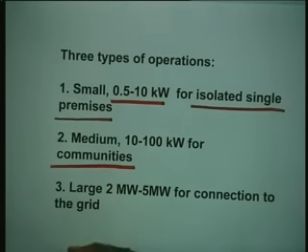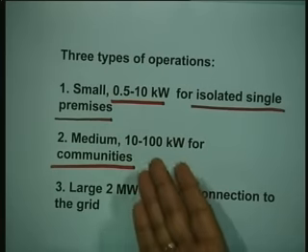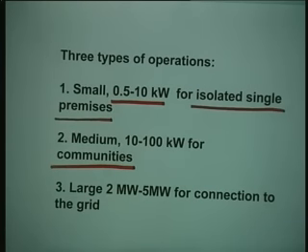Medium, for communities. I gave you an example of the 25 houses in an Uttaranchal village which combined and started generating power, a mini hydro power station. Similarly they could have opted for wind also, but as I said, with wind there is a problem.